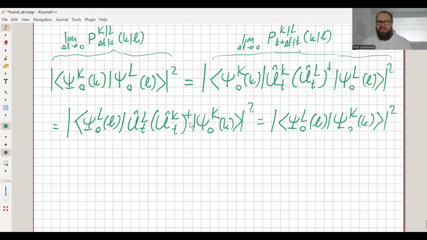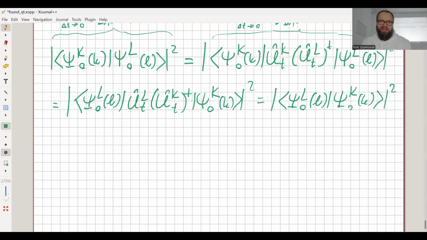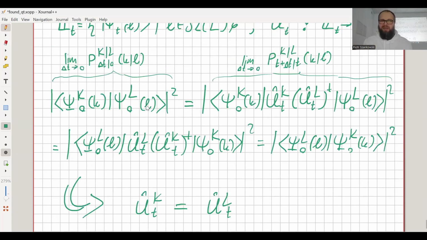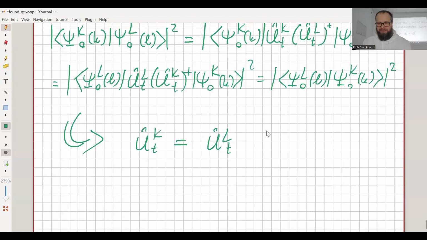And from this, knowing that U_K is unitary and U_L is also unitary, the conclusion that we get is that U_K(t) actually equals U_L(t), right? Because U_L has to be able to cancel the U_K, to make all this work for every index L, every index K, every choice of t, and so on and so forth.